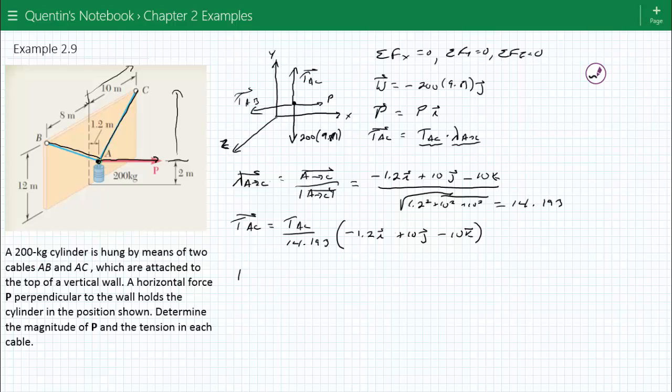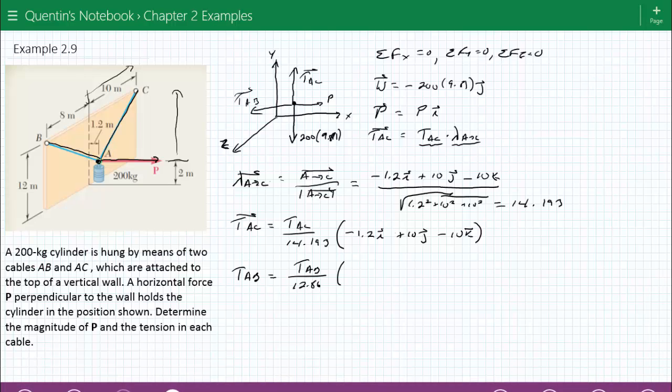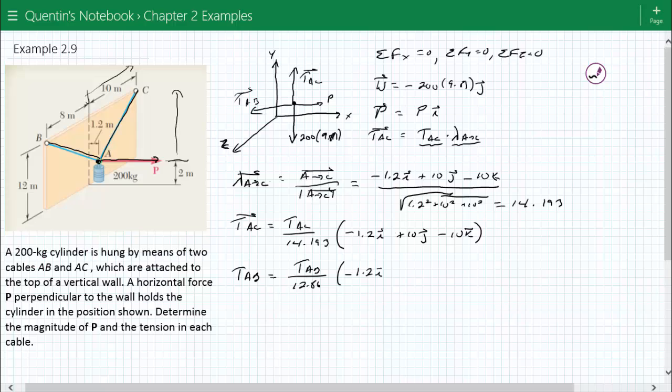And we're going to do the same thing for T from A to B. It's going to be TAB over 12.86, and just for sanity's sake, again we go minus 1.2 I, plus 10J, and plus 10K. And that's where that 12.86 comes from.